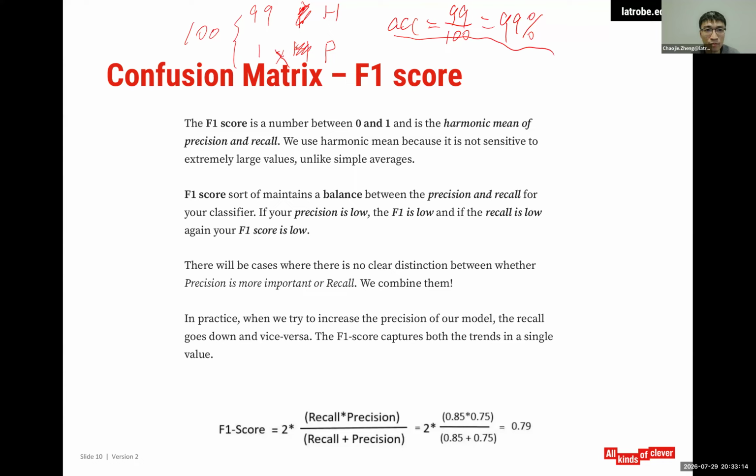And if we calculate the recall, it is zero. If the recall is zero, the F1 score is zero. So you can see that they are not correlated for imbalanced data.